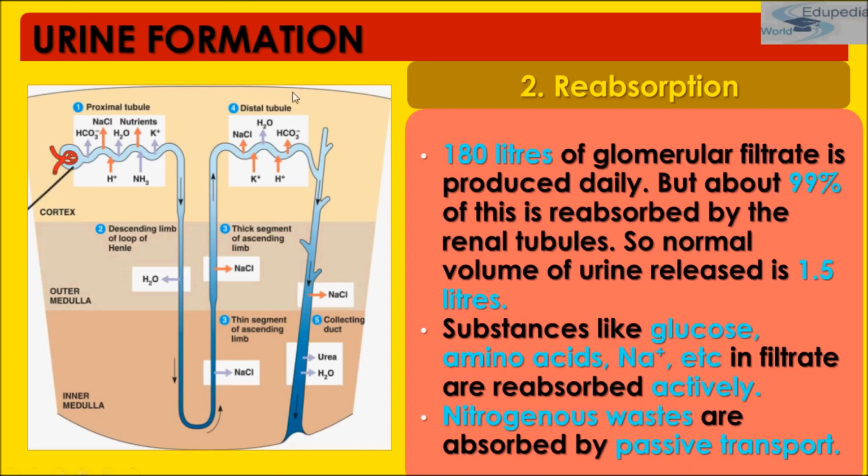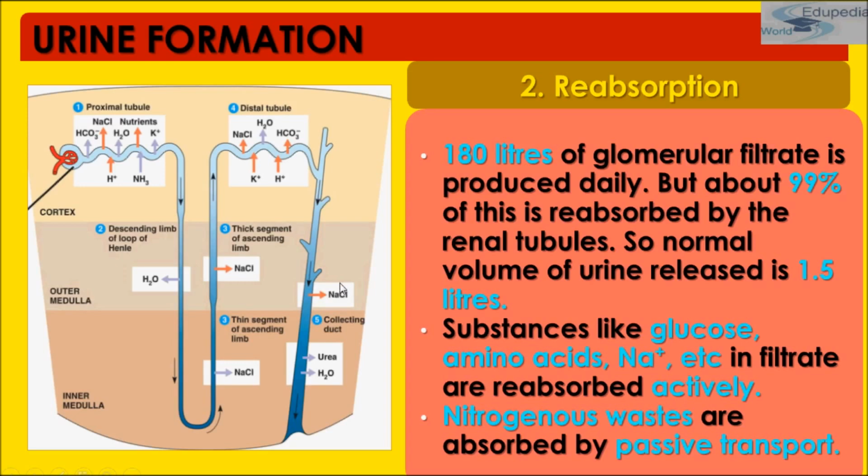In the collecting tubule, some more water is reabsorbed due to the presence of Na+ and Cl- in the surrounding tissue fluid. This increases the urea concentration in the collecting tubule, and as a result, some urea diffuses out passively from the collecting tubule. While passing through the collecting tubule, the urine becomes hypertonic.